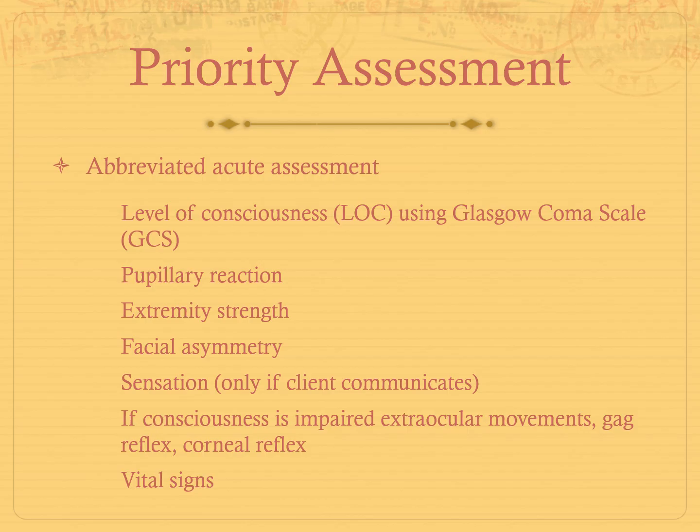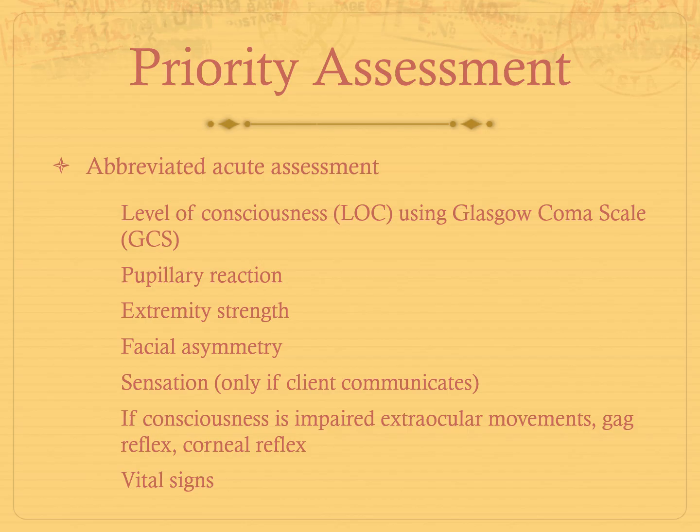If they open their eyes only to painful stimuli, that's a 2. And no eye opening is a 1. And then we look at verbal response, assessing orientation and communication, which is 5 points. So the higher the score, the better the outcome. The lower the score, the worse the outcome for the Glasgow Coma Scale.